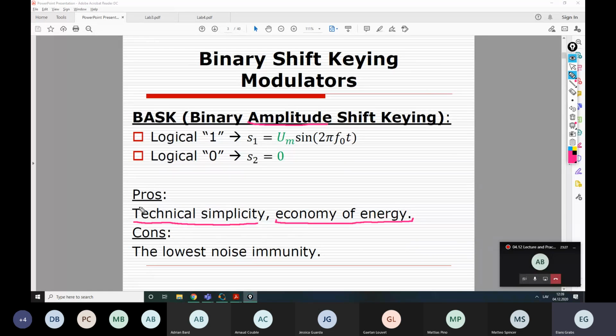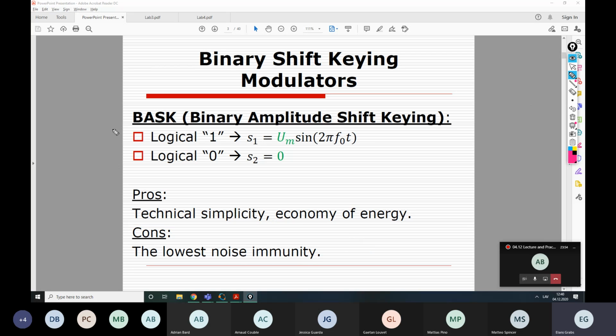These are pros, advantages. Also, of course, there are cons. The main disadvantage is that the noise immunity, meaning the error probability, is the worst for this modulation type. So this modulation will make mistakes most often compared to the other two options, which we will check today.